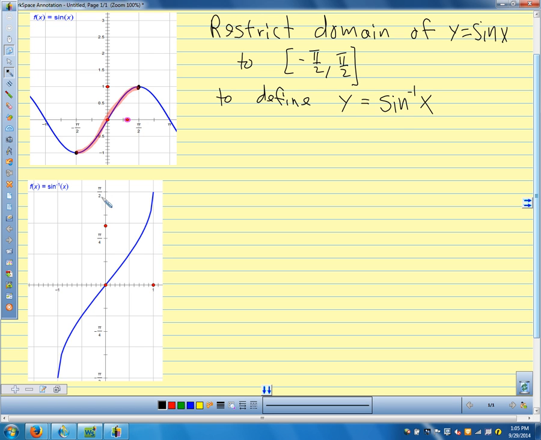And the way we can think of the inverse sine function: for the regular sine function we plug in an angle and we get out a number. For the inverse sine function we plug in a number and we get out an angle. The inverse sine function gives us an angle.